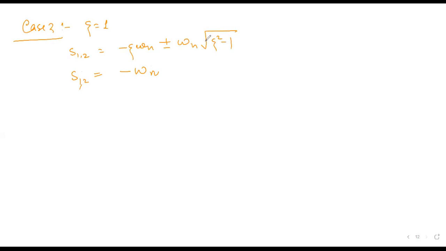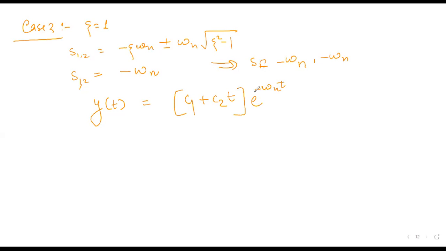So here you have two poles, s equal to minus omega n and minus omega n. So the output will be C1 plus C2 t times e to the power minus omega n t. And this you call critical damping.